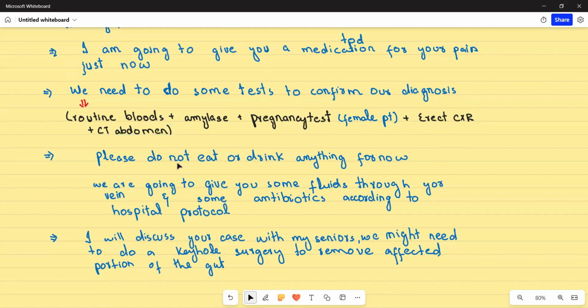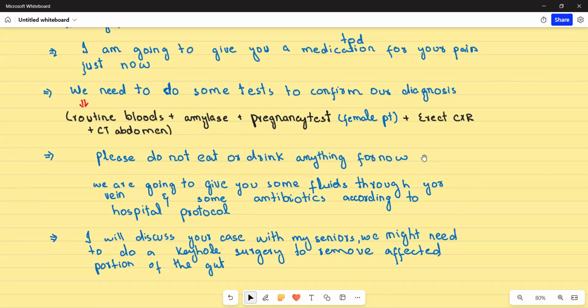Then we'll tell the patient that please do not eat or drink anything for now. We are going to give you some fluid to your vein and some antibiotics according to the hospital protocol. So this here is specific treatment. So pain relief, antiemetics, it was symptomatic treatment. Then we told them about blood tests to confirm our diagnosis, and then we are going to tell about specific treatment.